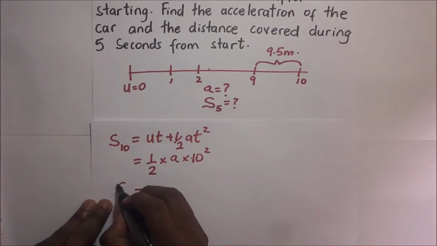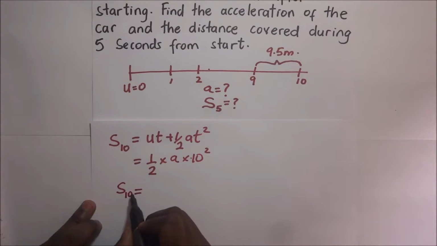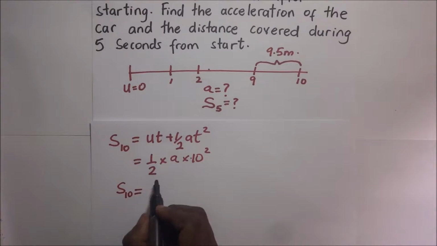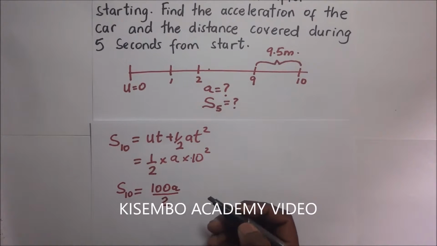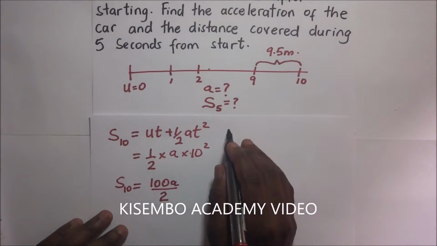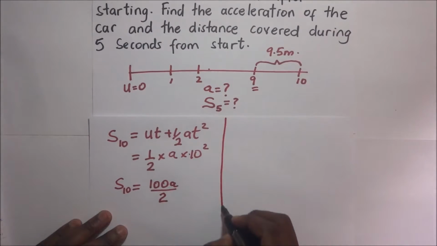So you'll find that your value of S10, or the distance covered after 10 seconds, we'll call it the displacement after 10 seconds, is going to be 100a over 2. So that is S10.